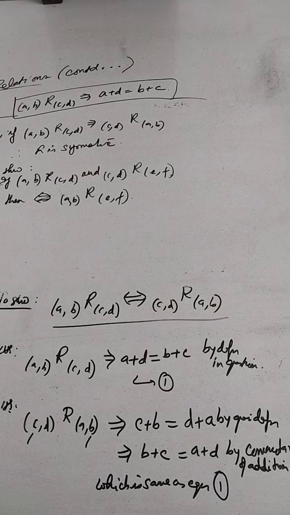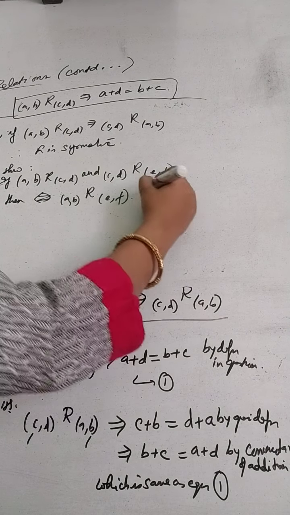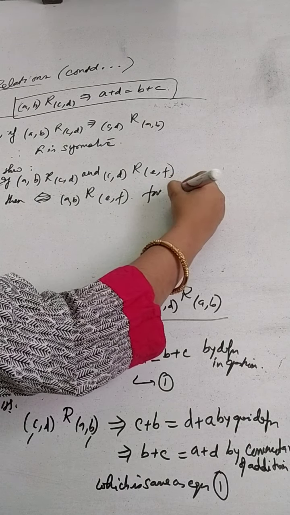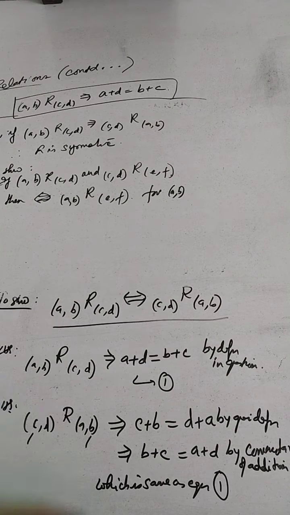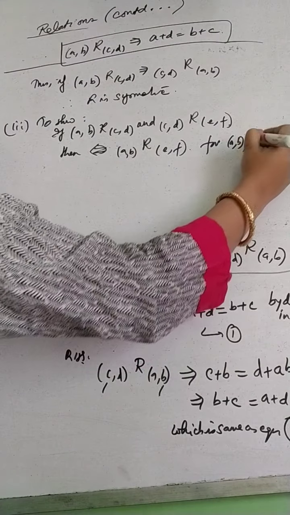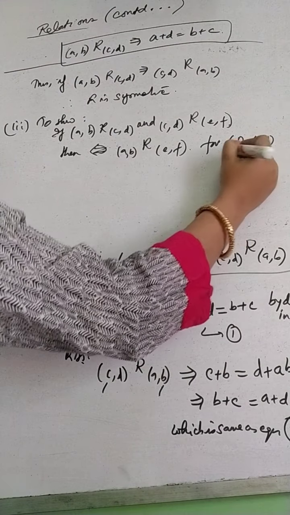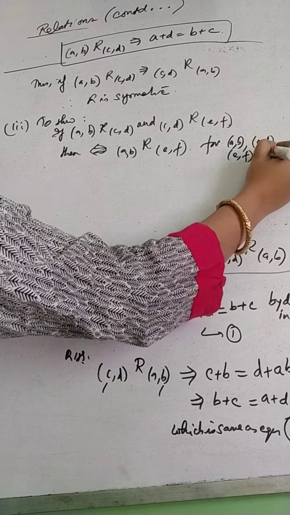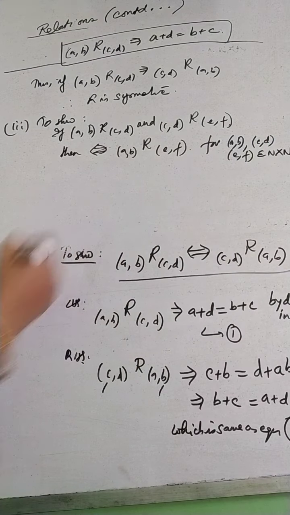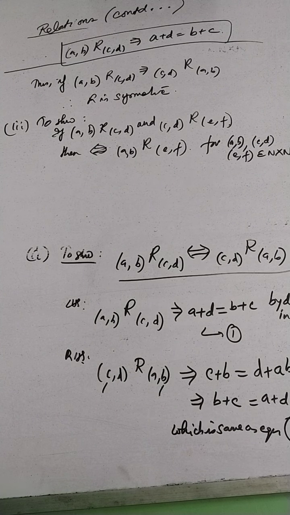So I am assuming that AB is related to CD, where, please mention, AB, comma, CD and the pair EF, they all belong to the Cartesian product of natural numbers.